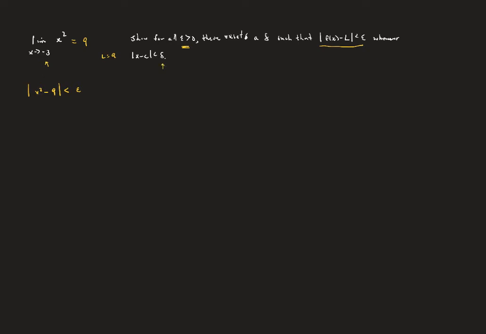Since c is negative 3, that means we're going to try to get x plus 3 in absolute value less than whatever our delta is going to be, and it's going to have an epsilon in it. So it might be like epsilon over 2, epsilon over 3, something like that. So our delta is going to have an epsilon in it. Okay, now that's the first twist.